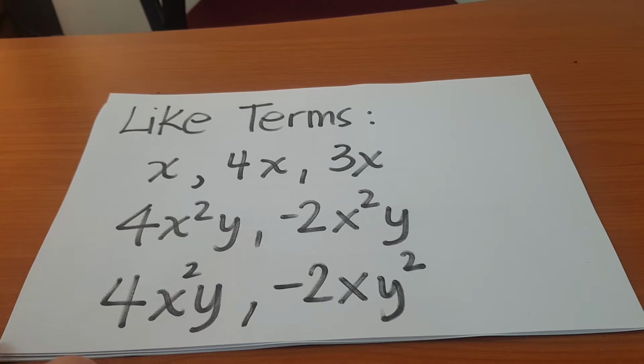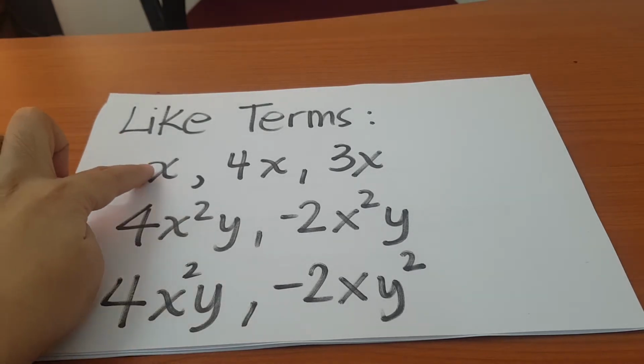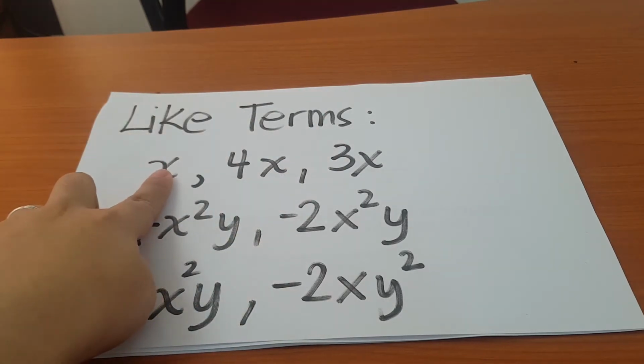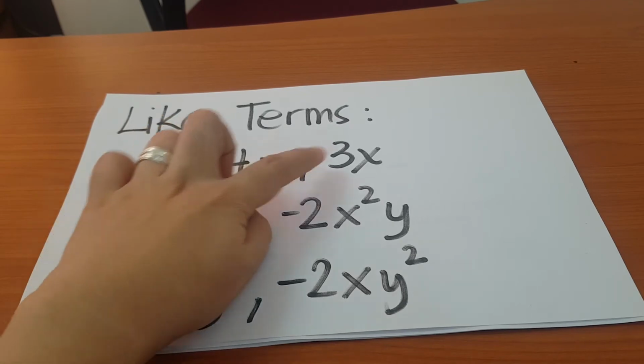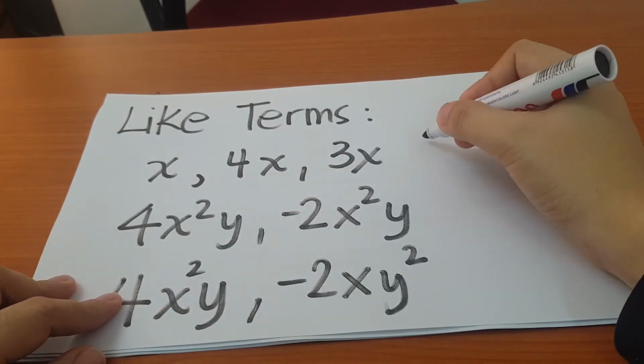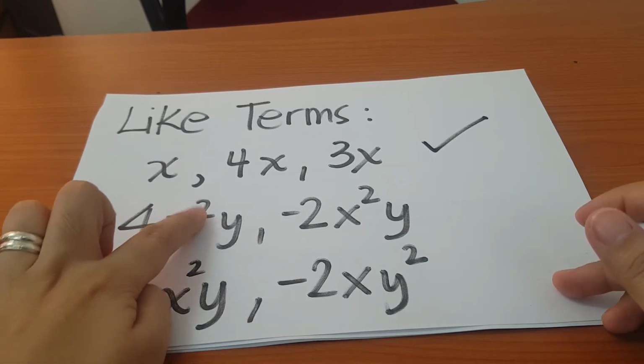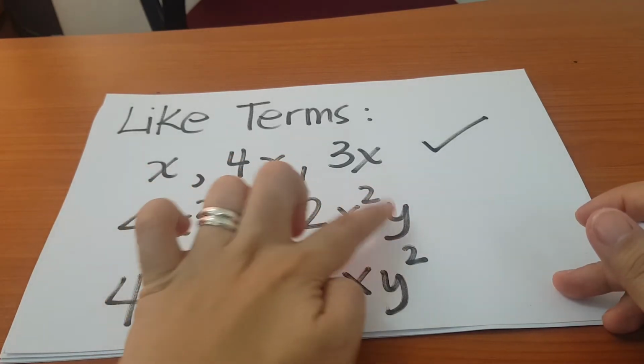What do you mean by like terms? In this case, for the first example, you have 4x and 3x. Their variable is x. This is x, and this is x. So they are like terms. The second one, you have x squared y, x squared y.